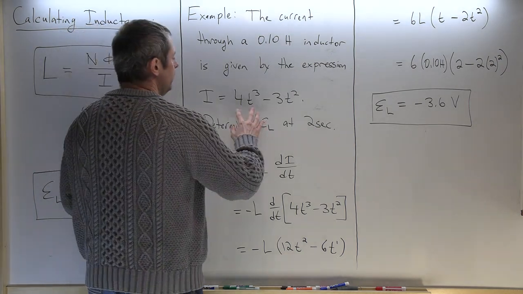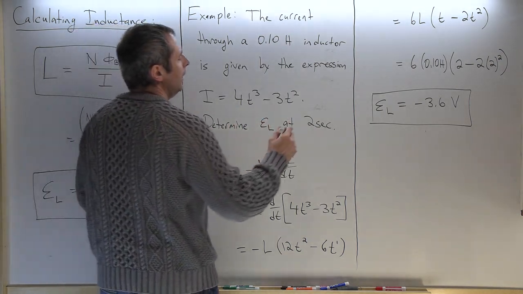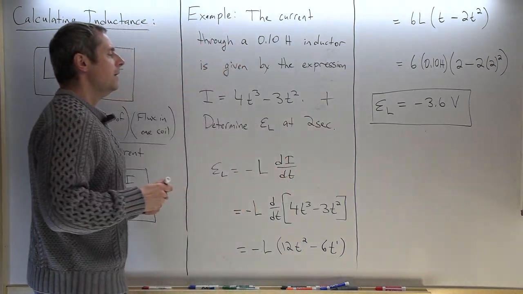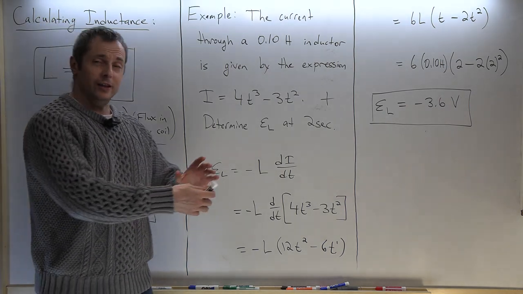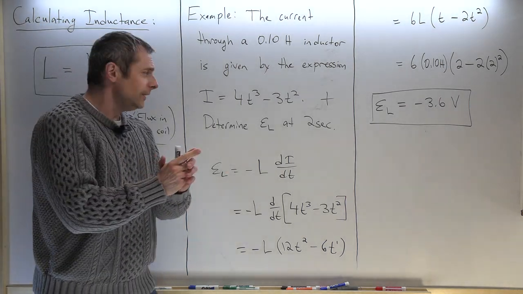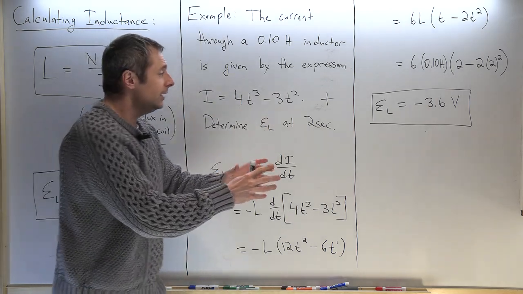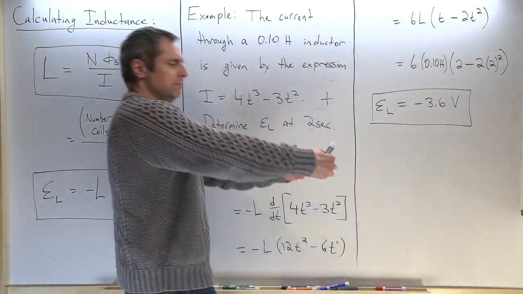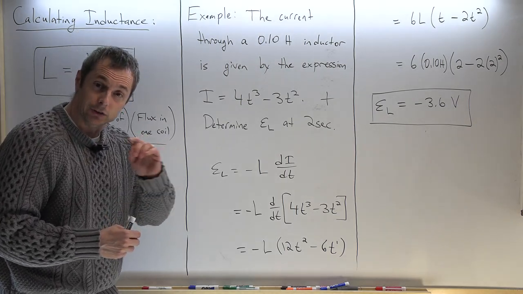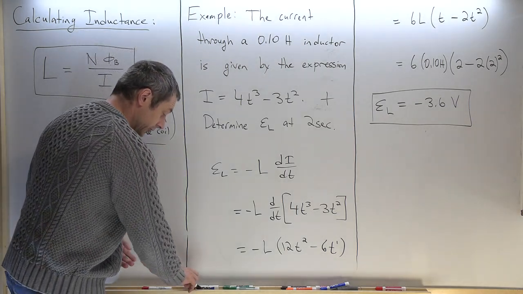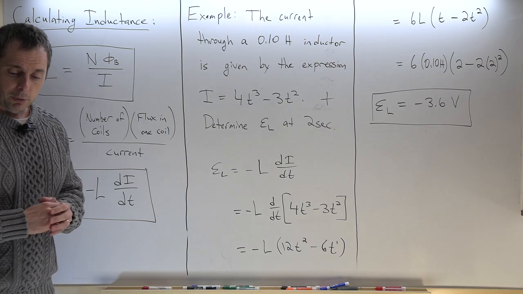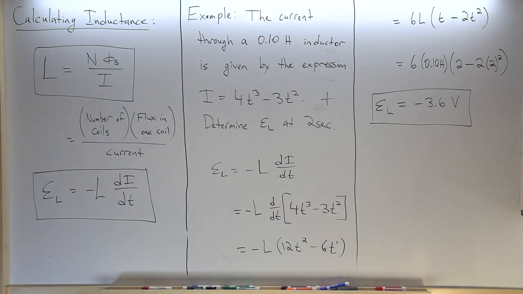If you plug in 2 seconds here, you get a positive current. So the voltage is against that, which means at that moment the current is increasing through that inductor, and there's a voltage holding it back, like the inertia of the inductor, an inertial effect. All right, let me create a pause to allow you to copy these notes down.